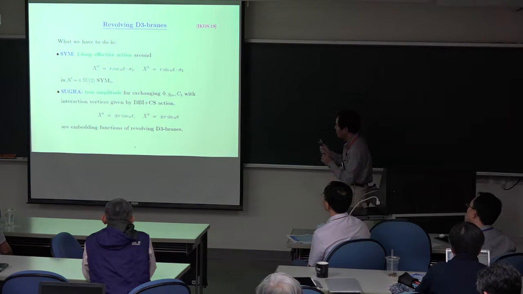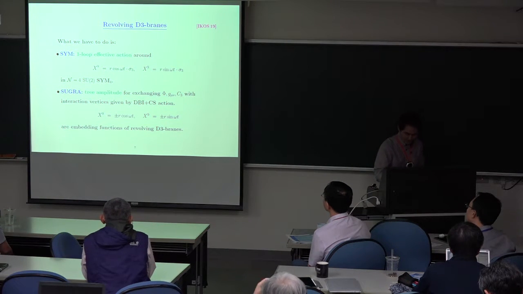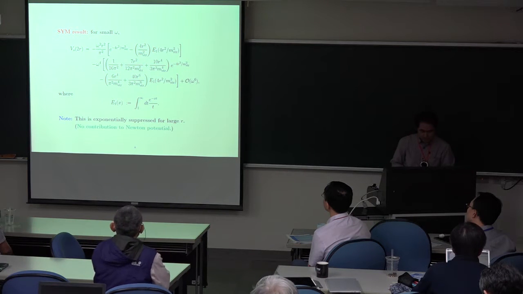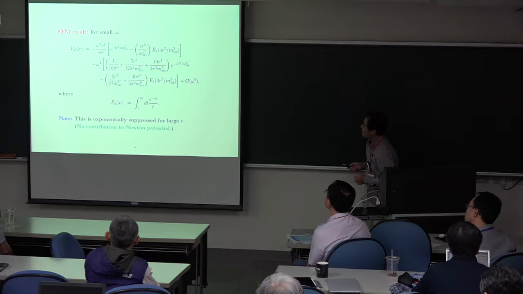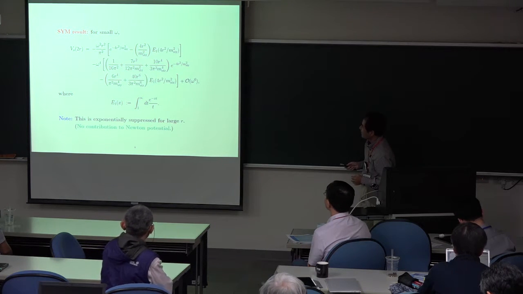And the emitting coordinates for the revolving D-branes are given by this expression. And this is the expanded version of the super Yang-Mills result.